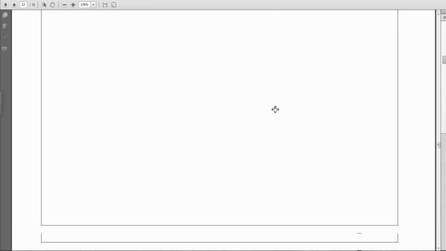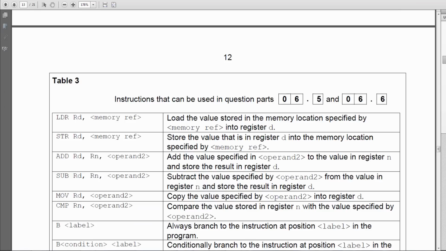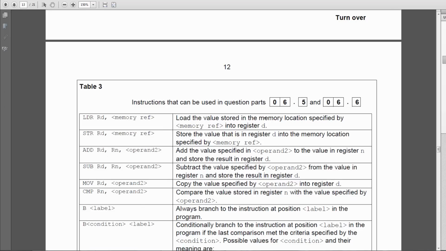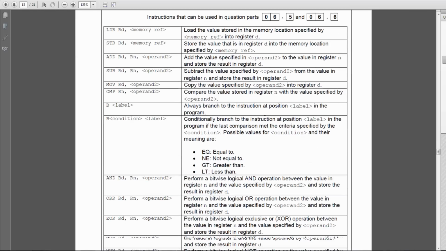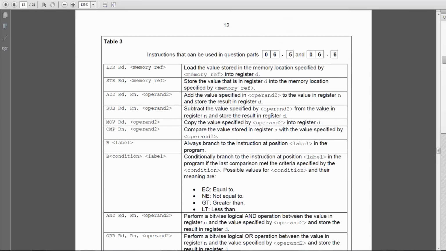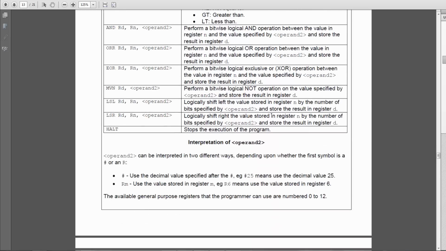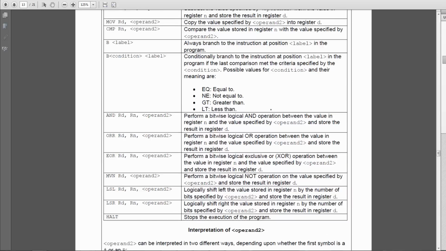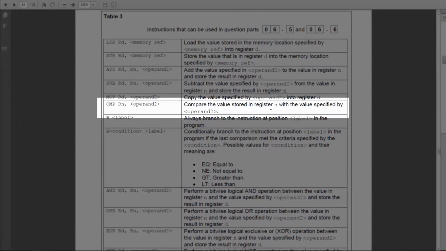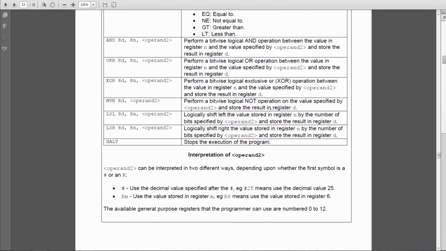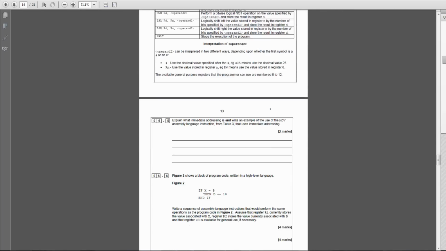Okay, we've got a whole table of instructions in assembly code. Is compare on here? No. Okay, fine, so we're going to have to use those.